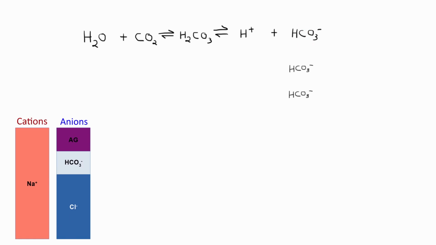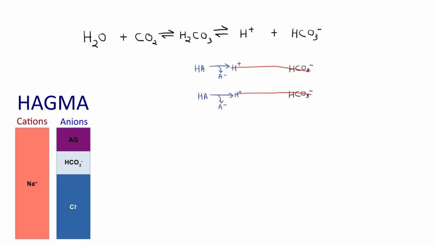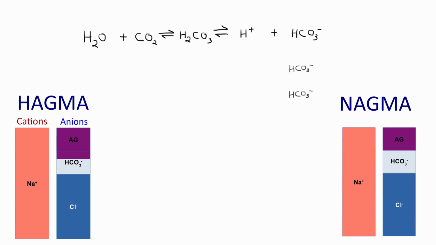In the cases that we just discussed where there's a high anion gap metabolic acidosis, the process that is creating the acidosis, the acid-producing process, is expending bicarbonate, because one molecule of bicarbonate has to be expended for every new proton in order to buffer that and keep the pH steady. And the trade-off was that there was an increase in unmeasured anions from whatever the acid-producing process produced. Now, in the case of a non-gap acidosis, there is no increase in unmeasured anions because there is no increase in the acid-producing process.